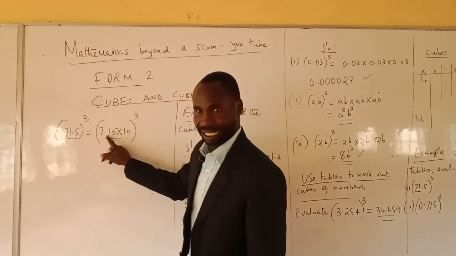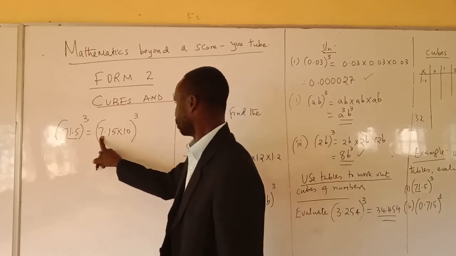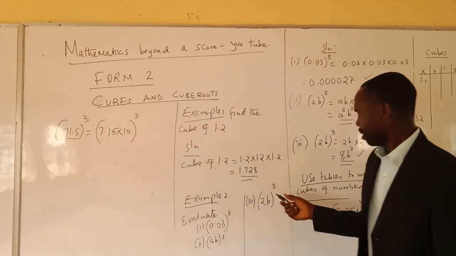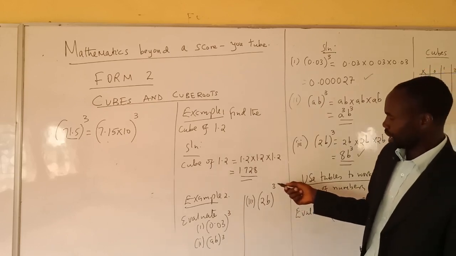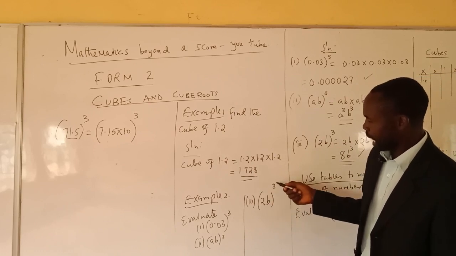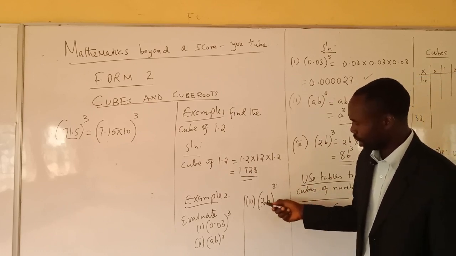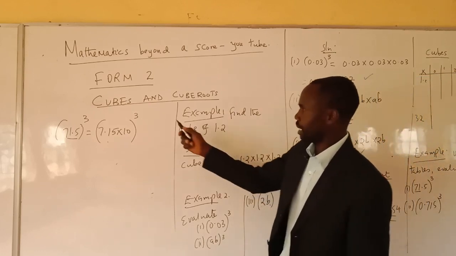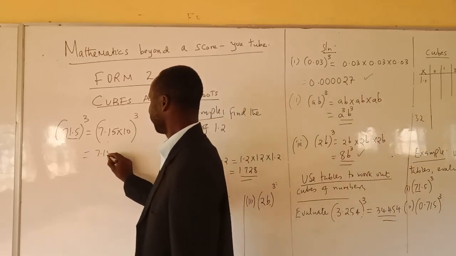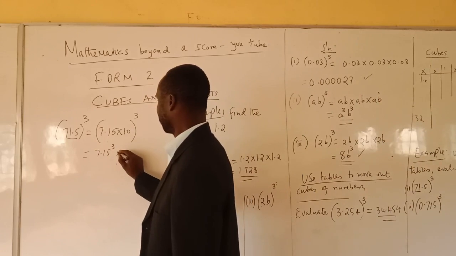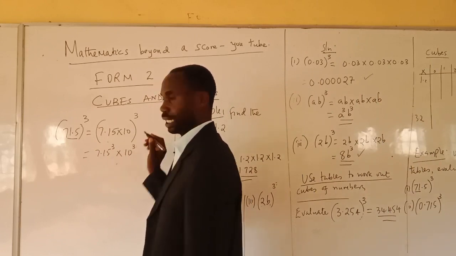And this one exists in our table. We saw that we cube here and cube here. Because of that, we will cube here to have 7.15 cubed multiplied by 10 cubed.